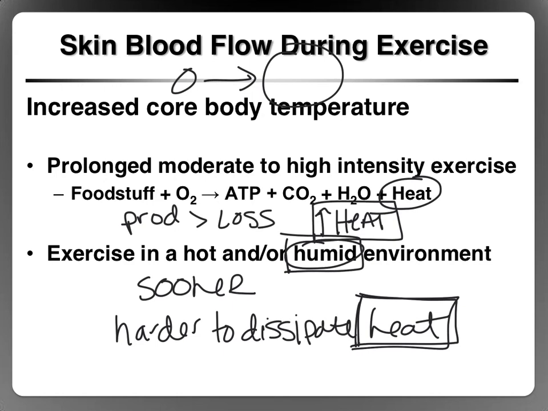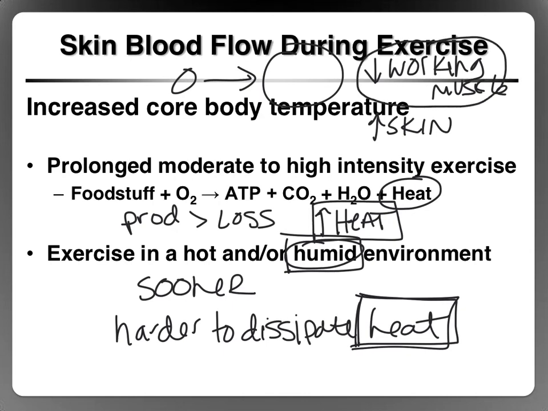So you're going to get a reduction in blood flow to working muscle in order to send more blood flow to the skin to help your body cool. And this means you're going to have a reduction of supplies going to the muscle.